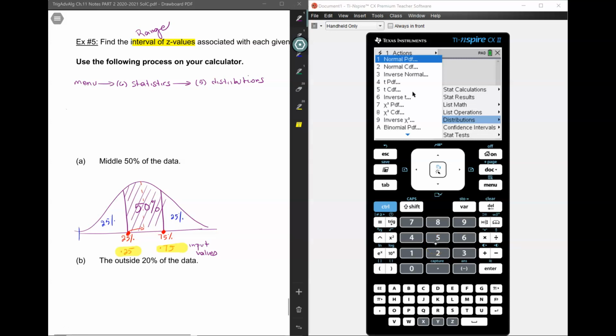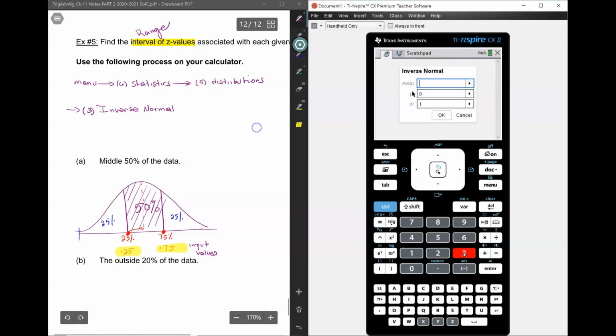After that, number 3, inverse normal. And here, you're going to put in your decimal values. So first let's put in the first one, which is 0.25.